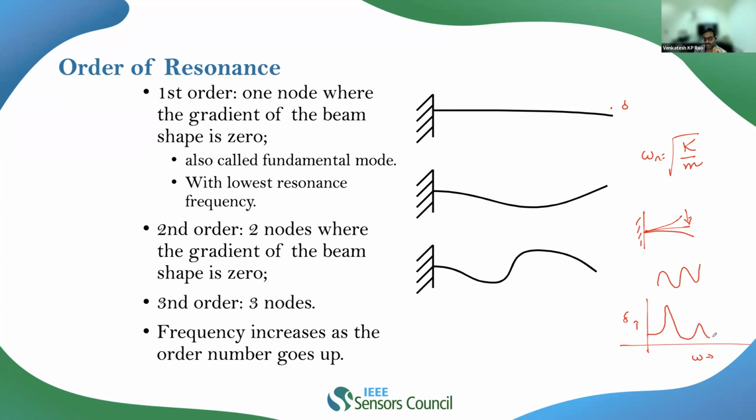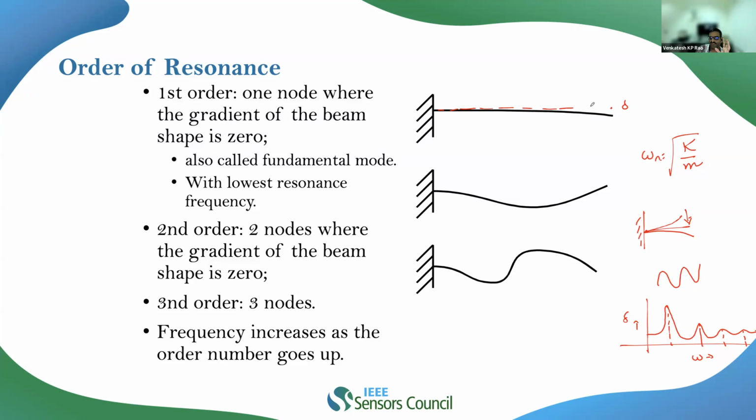This is the second mode, and similarly it keeps on continuing, right? So the maximum energy will go into the fundamental mode, followed by the second and third and so on. If you are pumping some amount of energy into the system to undergo vibration, around 80 to 90% of the energy will go into the fundamental mode itself, right?